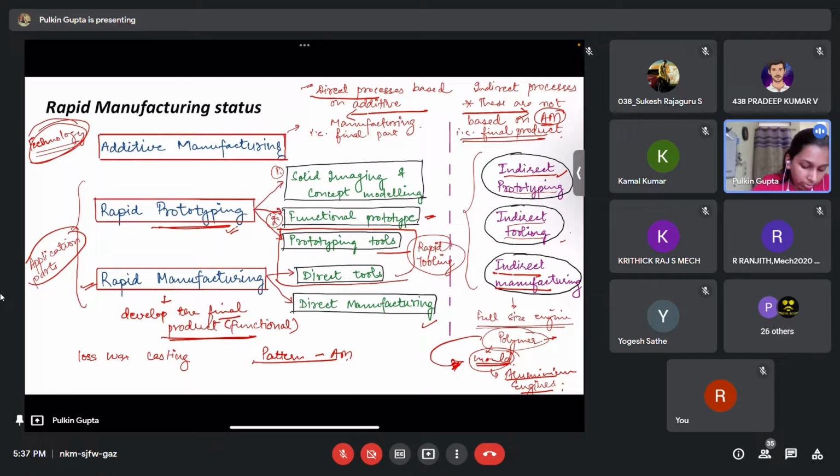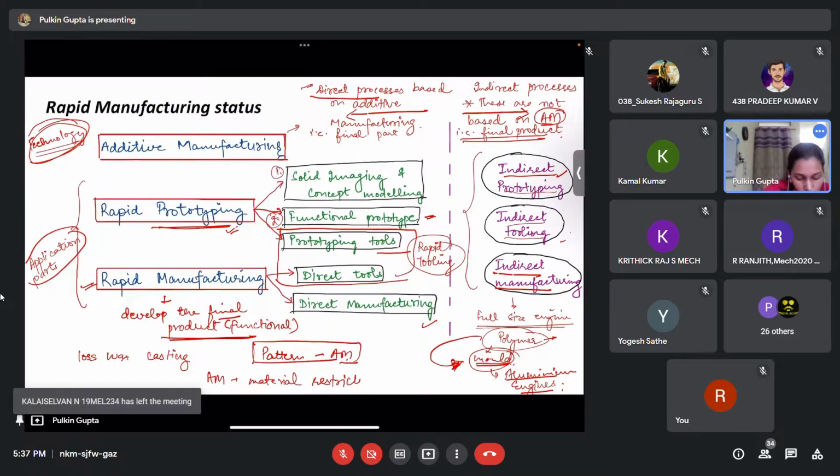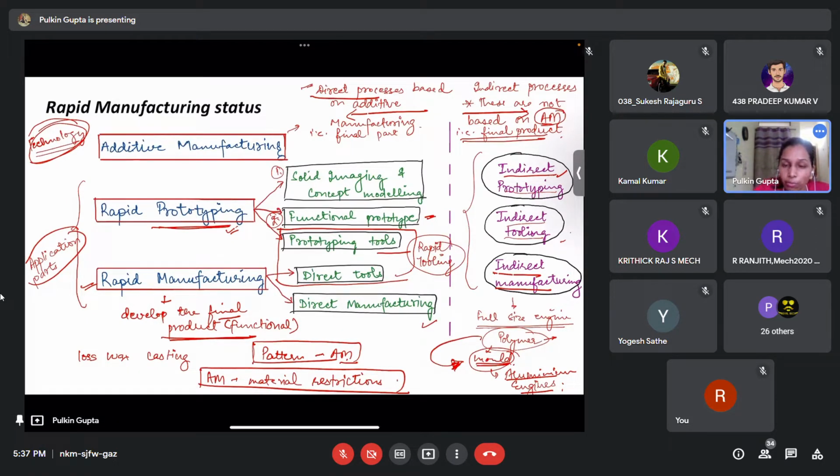Then you develop some parts that are rigid, and ultimately make other molds of different material, because AM has material restrictions. You cannot use all and every kind of material in additive manufacturing. So we need to play with that.